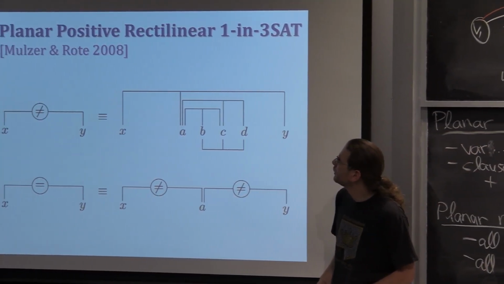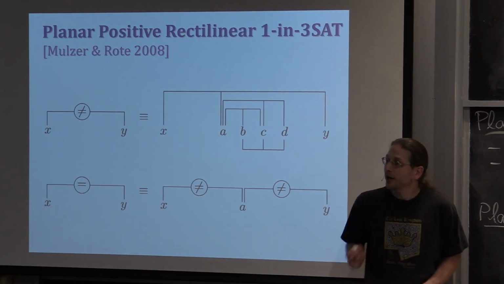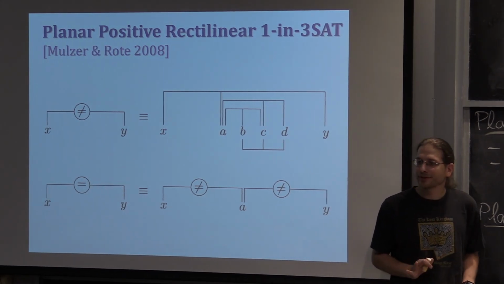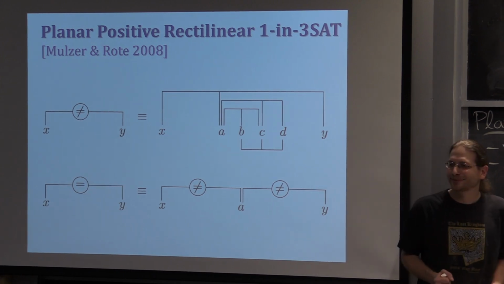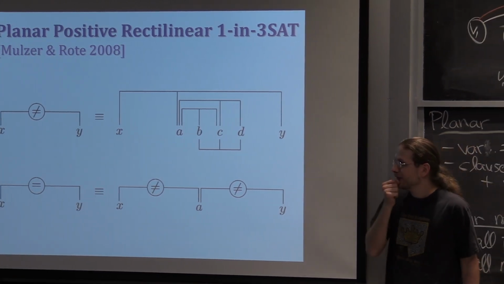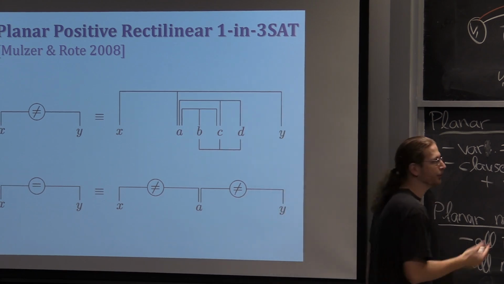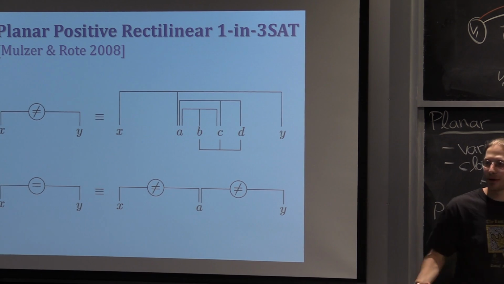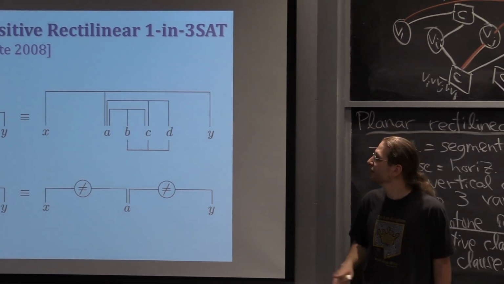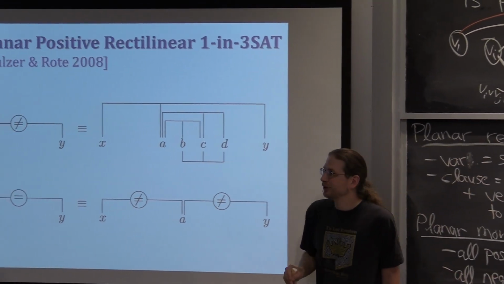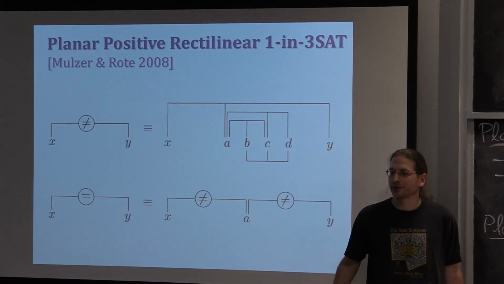Because if everything was on one side of the line, that would... I mean, positive 3 SAT is easy. You set all the variables to true. Positive is sort of the 1 in 3 SAT version of monotone. So 3 SAT monotone means every clause is all positive or all negative. In 1 in 3 SAT, you just need everything positive, and it's still hard.